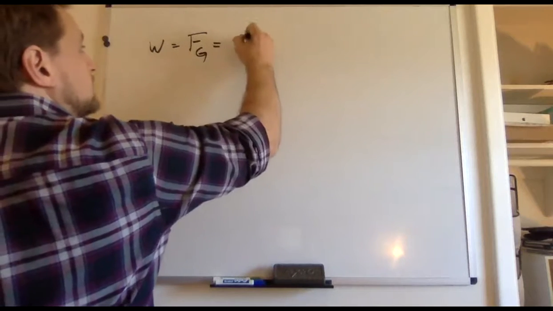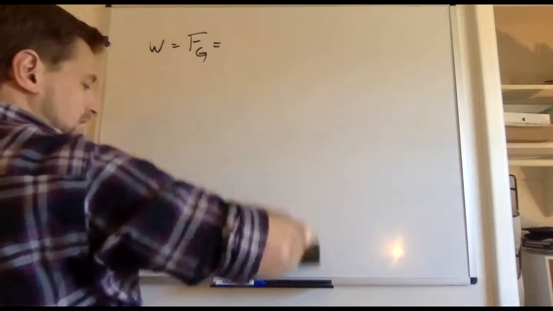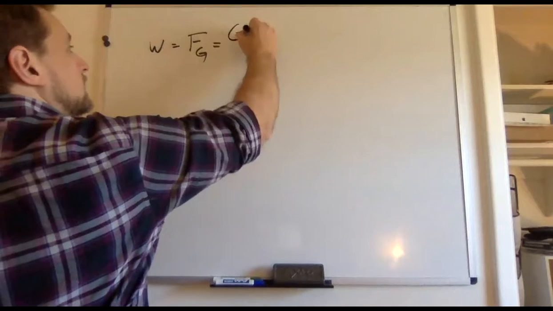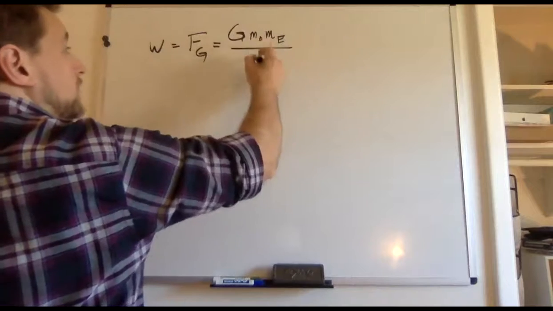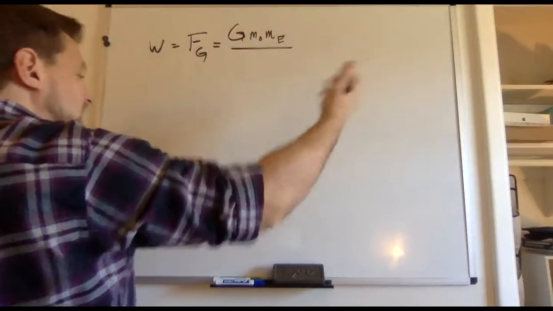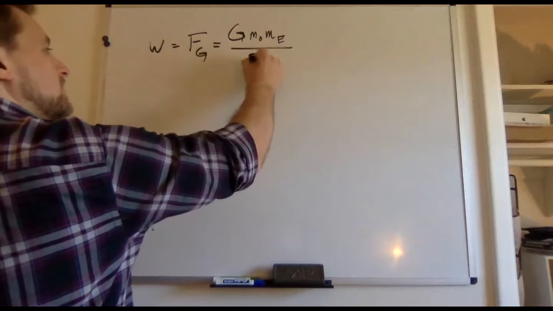So we know it's the gravitational constant times the mass of the object times the mass of Earth, or whatever other planet we're on, divided by, if we're on the surface of the Earth, the radius of the Earth.